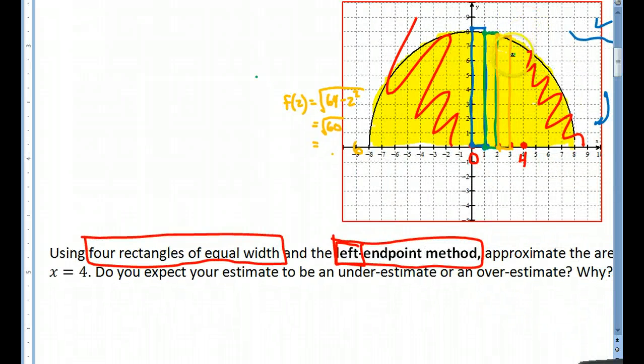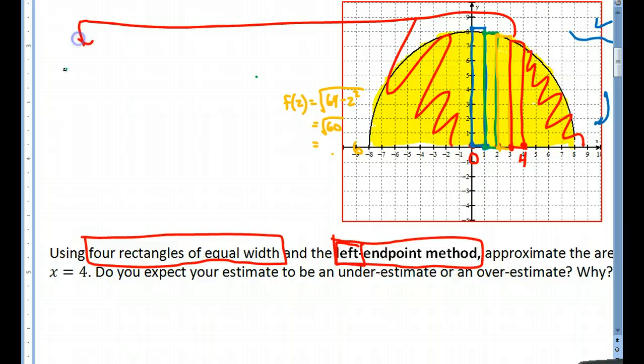Okay, so I messed up. Here's my rectangle again. So here I need to find f of 3, 64 minus 3 squared, which is 55.